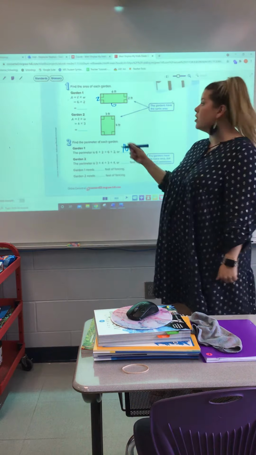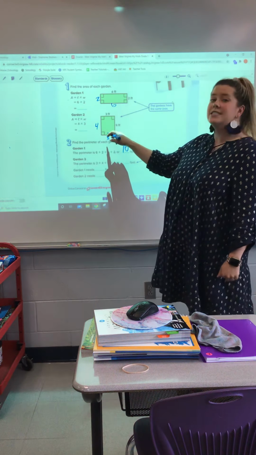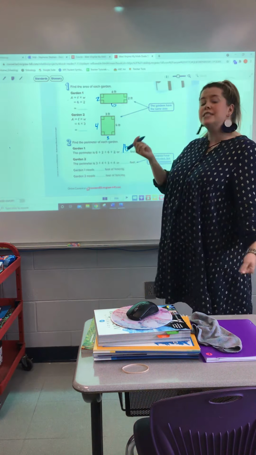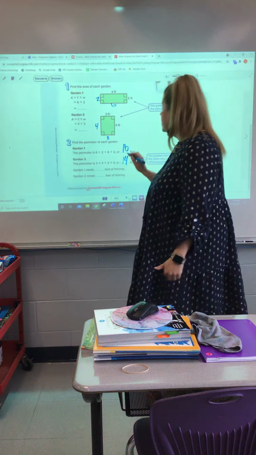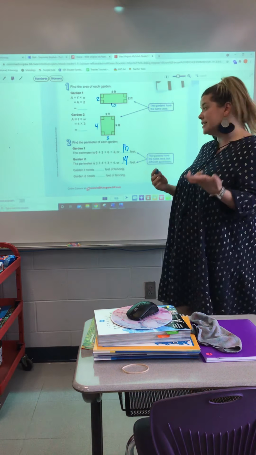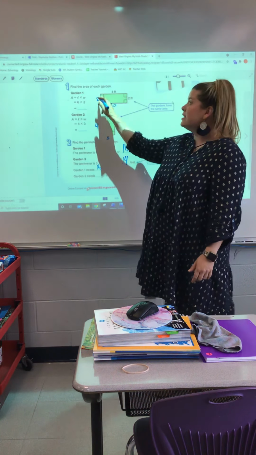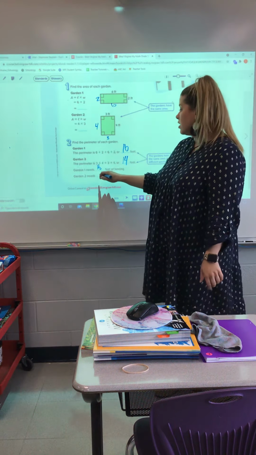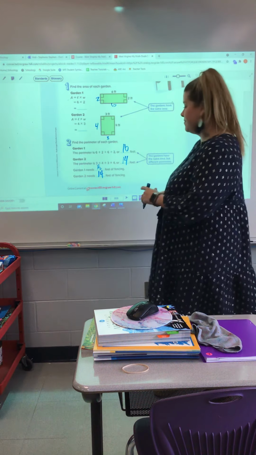What about the perimeter of garden 2? 4 plus 3 is 7, 4 plus 3 is 7, 7 and 7 is 14. So the perimeter of that garden is 14 feet. So garden 1 needs 16 feet to go around the outside. Garden 2 needs 14 feet to go around the outside.